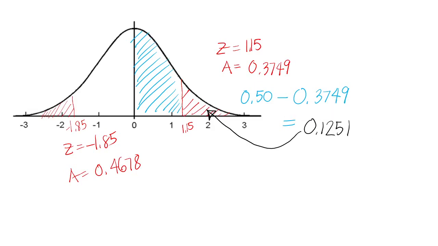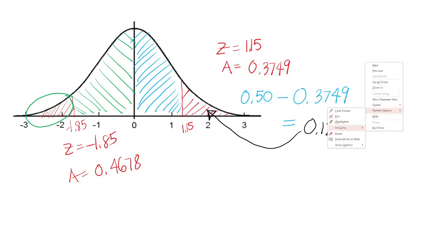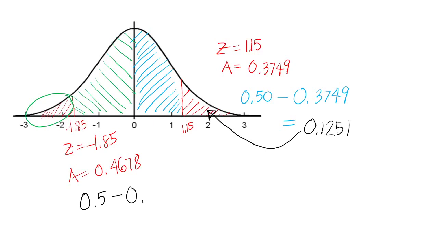It's this part. So how do you get the tail part? Very good. 0.5 minus 0.4678.